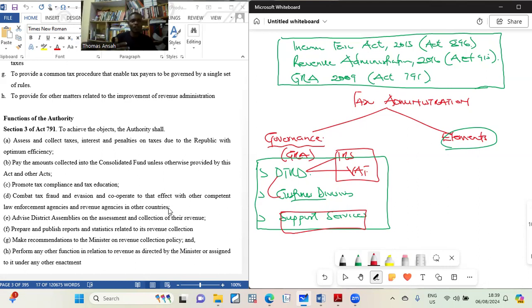So if you say to provide a holistic approach to tax and customs administration, to be able to collect the tax efficiently, to provide a set of rules that will bring all people under one set of tax governance, and to efficiently do tax collection and also properly account for it, then that will be our function.